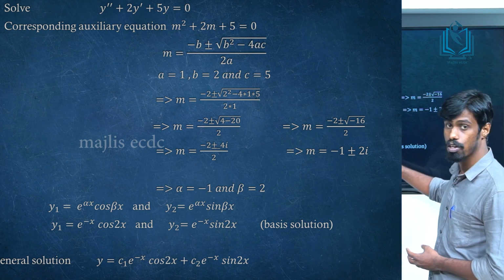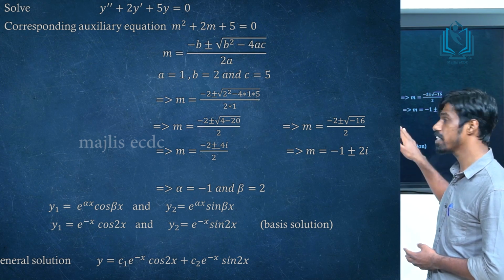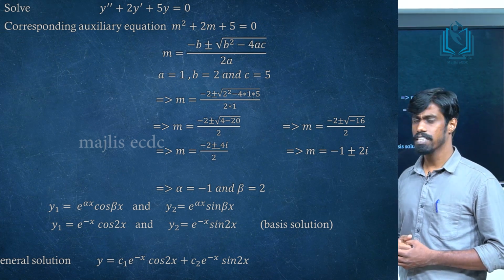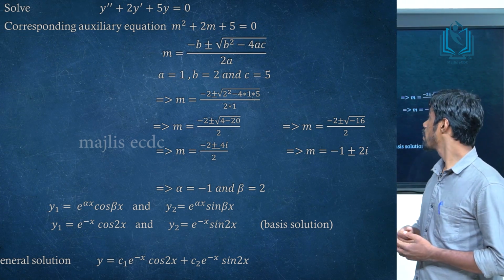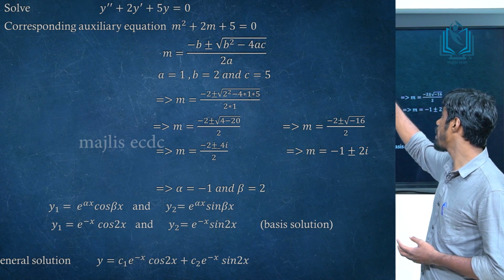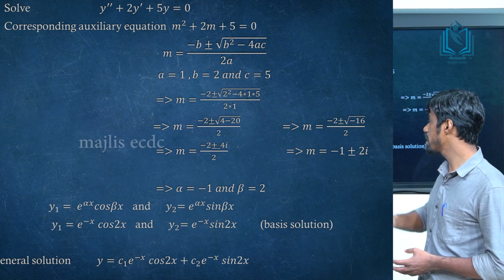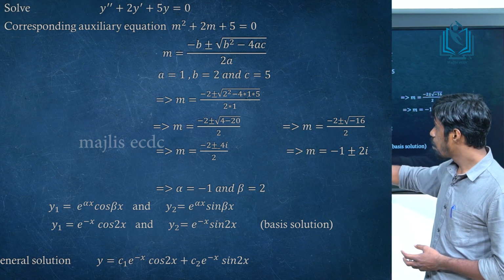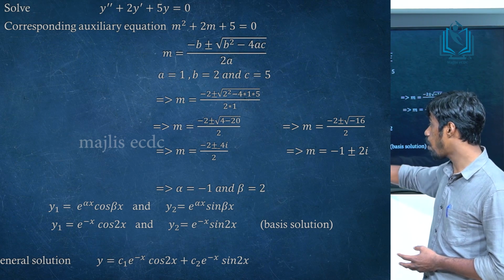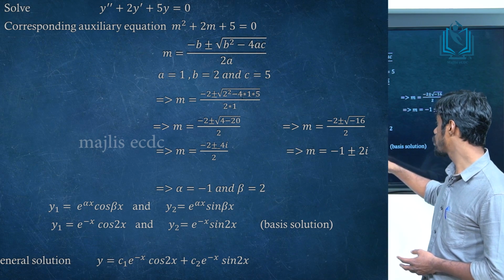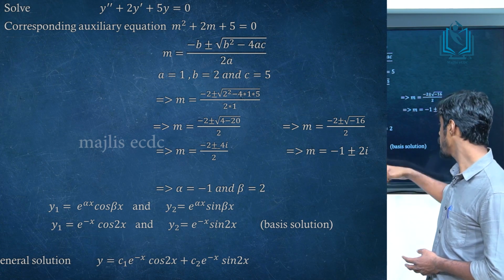Here alpha is equal to minus 1 and beta is equal to 2. The corresponding basis solutions of y double dash plus 2y dash plus 5y equal to 0 are y1 is equal to e raised to minus x into cos 2x and y2 is equal to e raised to minus x into sin 2x.